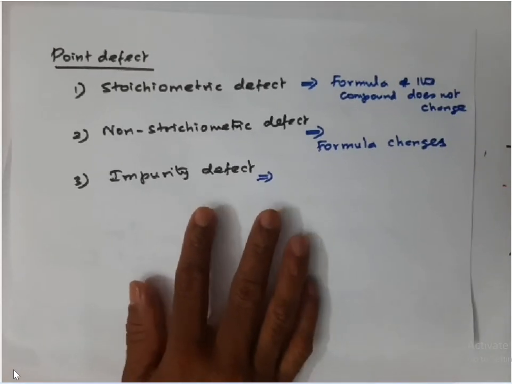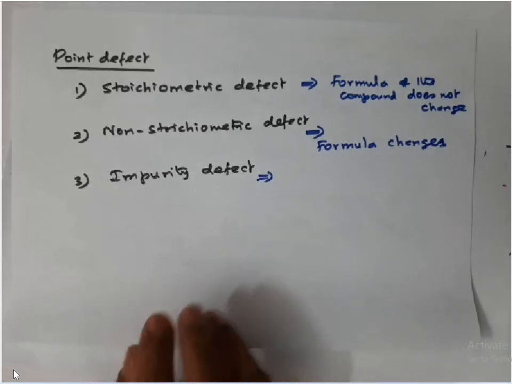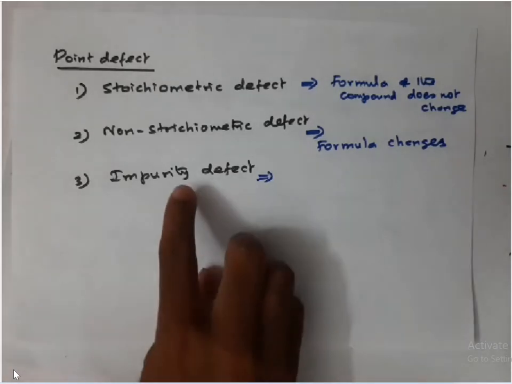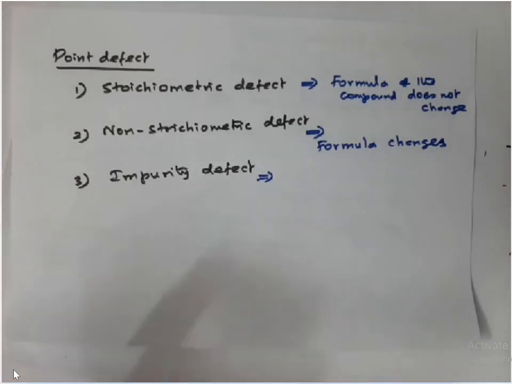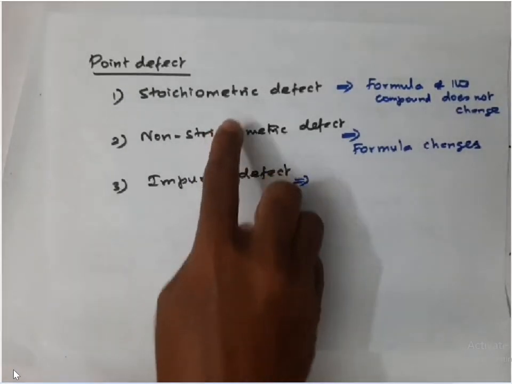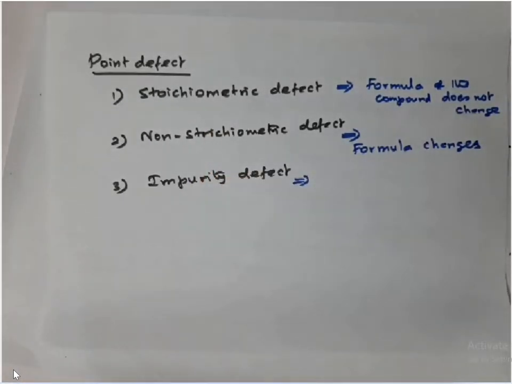Impurity defect will also have a considerable effect on the properties of the crystal. You take some pure crystal, add some impurity, and you will get what is called impurity defect. All these three come under point defects: stoichiometric, non-stoichiometric, and impurity defect.